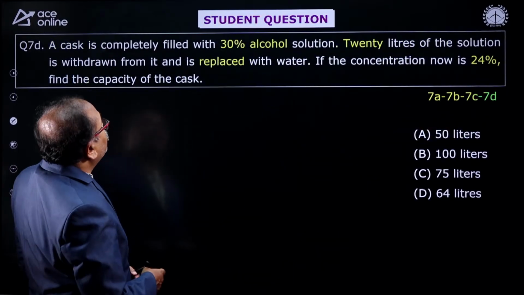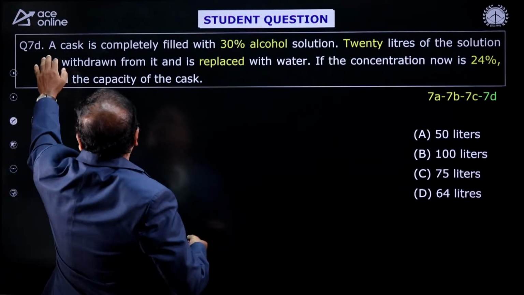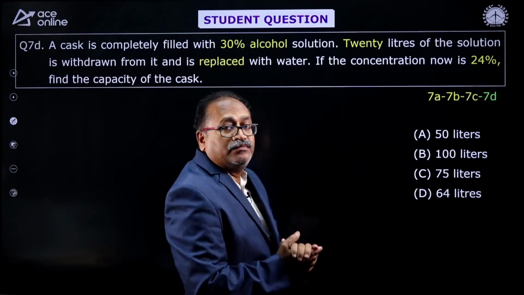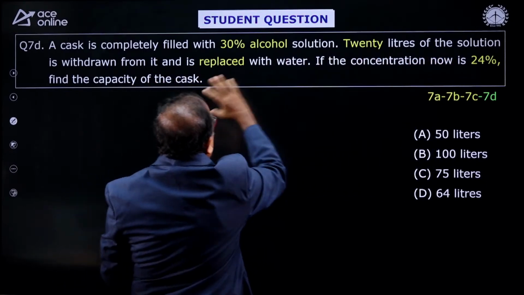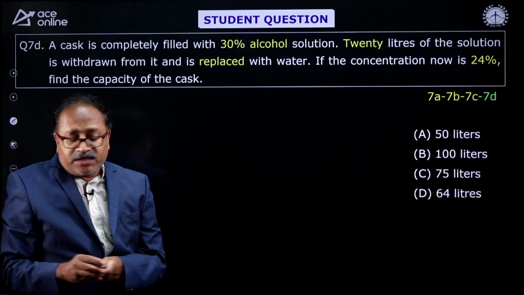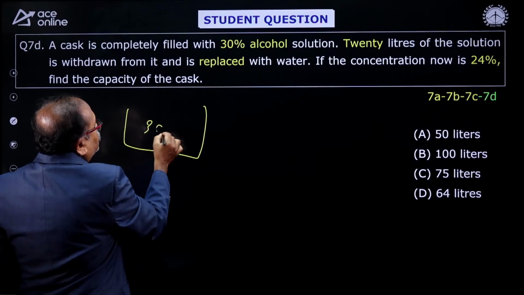Now, the next one is also for you. What is this question? A cask completely filled with 30% alcohol. Now, 20 liters of the solution is withdrawn and replaced with water. So we understand that there is a cask where it is 30% alcohol.